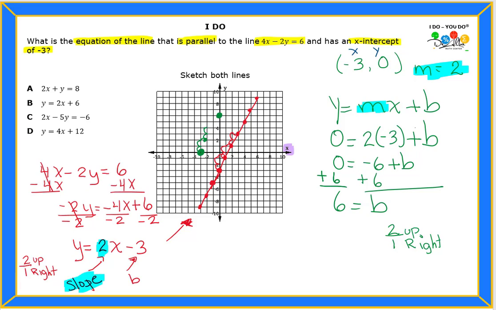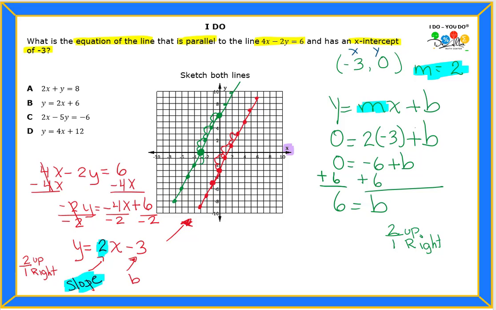Notice how we land on that point. So I can do the opposite: 2 down and 1 to the left. Notice how I can see the pattern here. So this is the way my line is going to look. If you want to, we can do 2 up, 1 to the right again, just so that you can extend it more. And those will be my parallel lines.